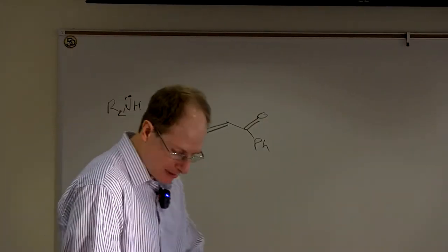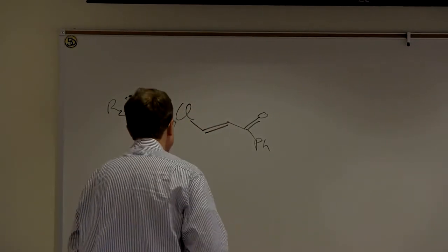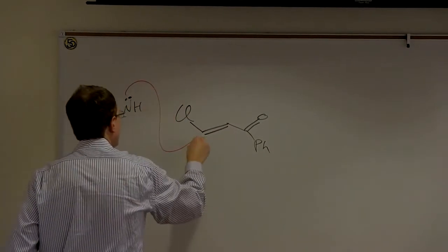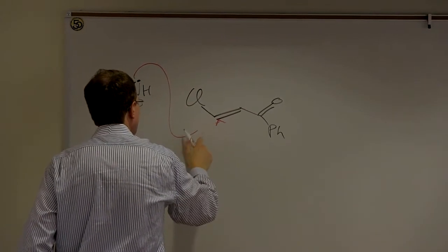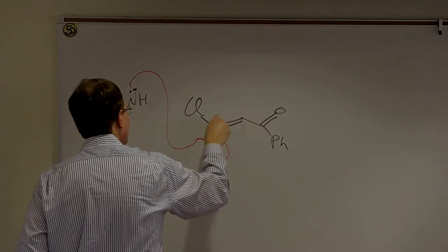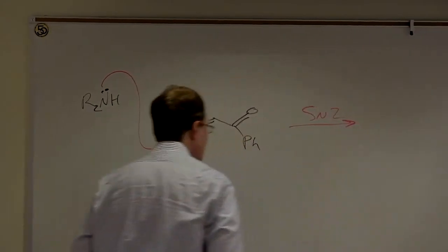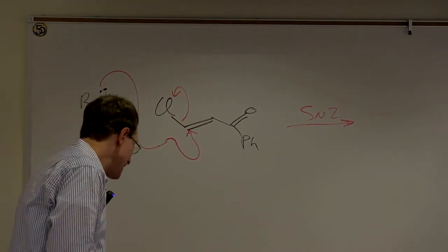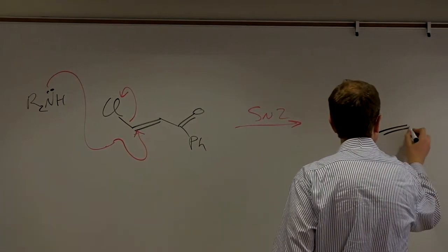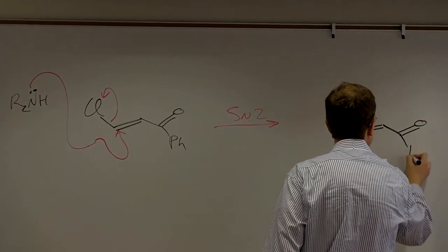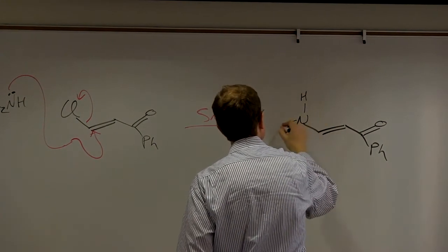So in the simple case, we have this reaction mechanism here. This case I would call an SN2 reaction, a substitution nucleophilic bimolecular reaction, and this will give us this guy over here.